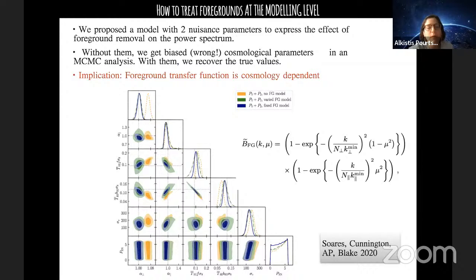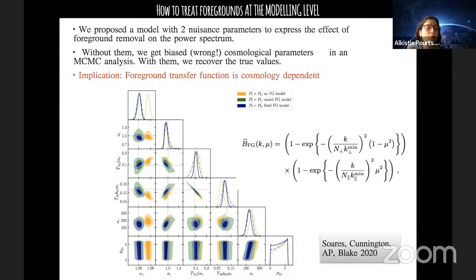We used the foreground removal effects and the multipole expansion with my student Paula Soares and Steve to treat foregrounds at the modeling level. So we did a proper analysis using the monopole, the quadrupole, and hexadecapole, and we saw that the resulting constraints were completely biased, completely wrong, if we didn't account for the foregrounds.